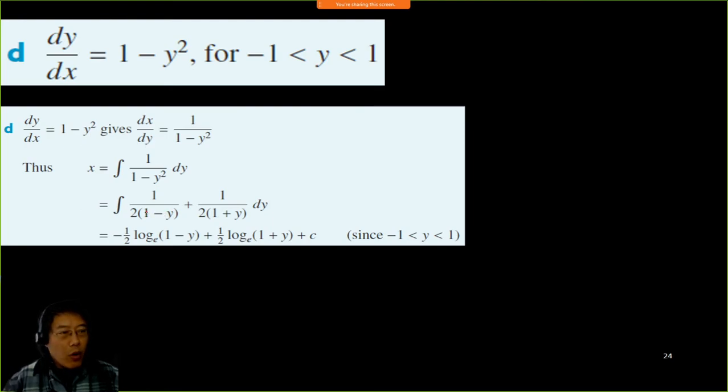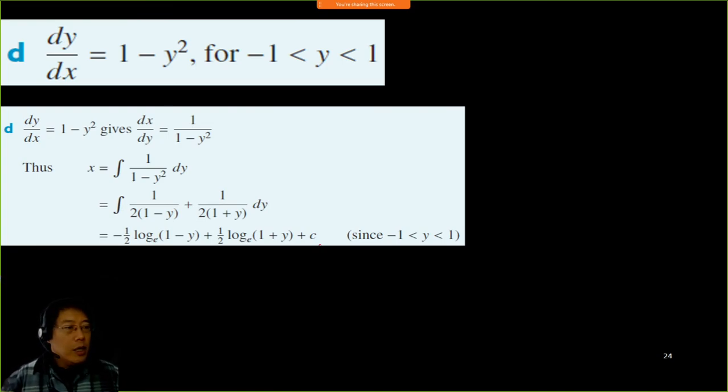Now if you have a 1 minus y, there's a negative 1 in front, so you need to have a negative 1 coefficient as you anti-differentiate. Here it's a coefficient of 1, so you leave a 1 coefficient with a half. So you have that expression plus a constant because you determine a general solution.